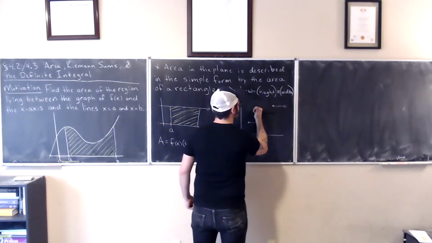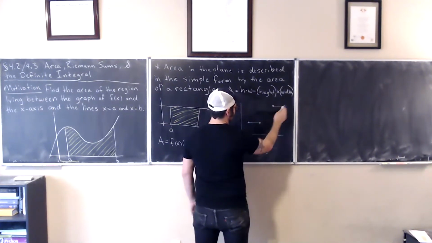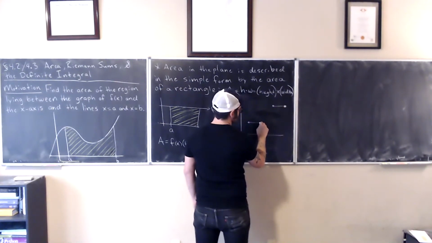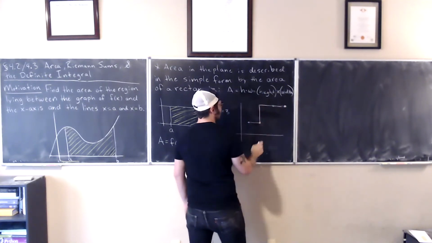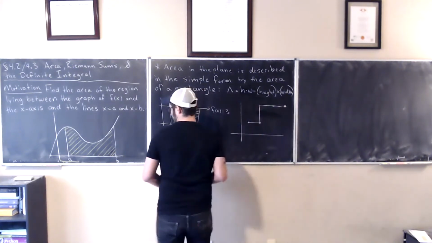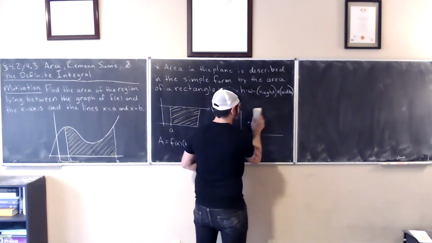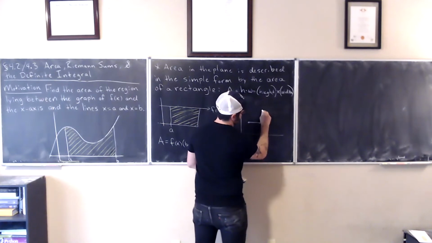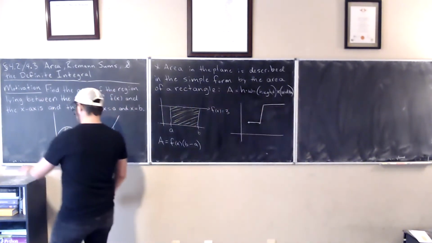I need it to be defined. Something like that. Now that's not a function, so let me try to bend it a little bit. Okay, so that is a function.